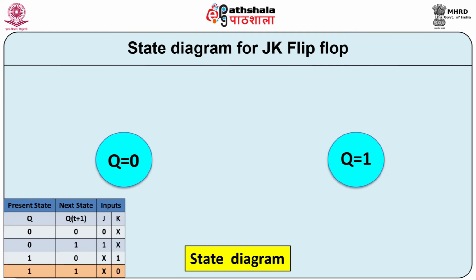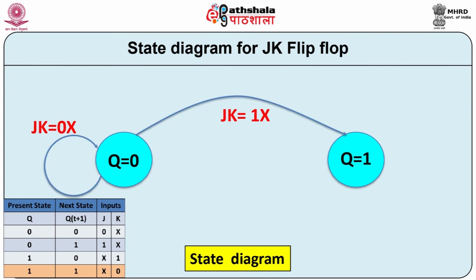Let us now prepare the state diagram for JK flip flop. Even JK flip flop has two states, reset and set state. Let us prepare the state diagram with the help of excitation table. If JK flip flop is in the reset state, that is Q is equal to 0 and JK inputs are 0x, then flip flop remains in the same state.